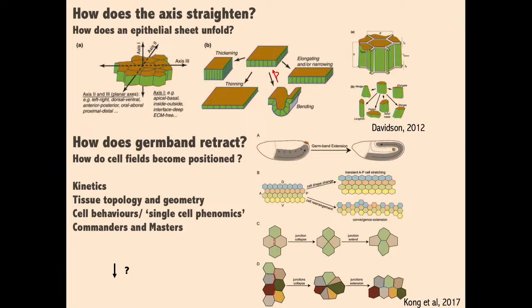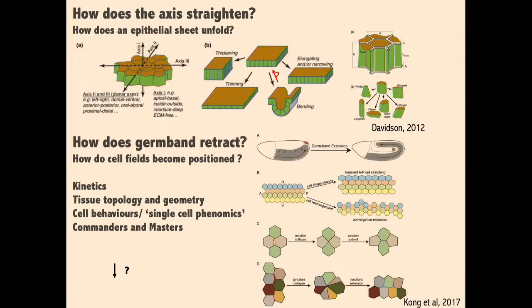From a fundamental point of view, we wanted to understand how an epithelial sheet unfolds, because much work has gone into understanding how a sheet bends, and we know how sheets fold quite well, but what still remained unclear is how to unbend a folded sheet.